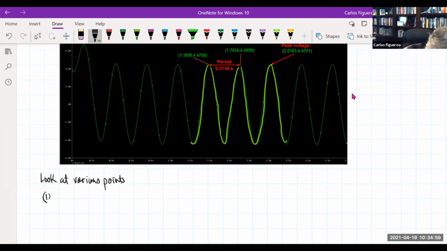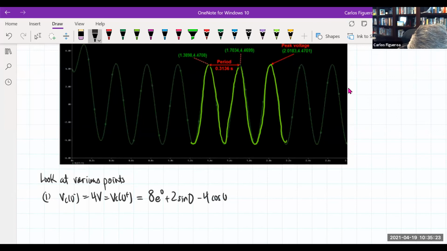The first point that I looked at is VC of 0 minus, which better be 4 volts. Well, it better be at 0 plus. If I look at the 0 plus solution, this is e to the 0 plus 2 sine of 0 minus 4 cosine of 0, which is going to give you 8 minus 4, which is 4 volts.